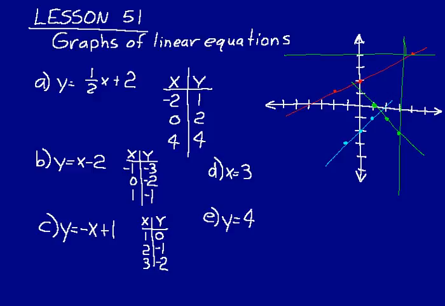You'll just make it a Cartesian coordinate system, or an XY axis if you want to call it that. Same thing. If you have a problem like A, B, and C, set up your XY table, choose you some convenient values of X, find the corresponding values of Y, plot those points, and draw your lines. If there are problems like D and E, you just have to look at, is it X equals or Y equals, and then draw it through the corresponding point on that axis.